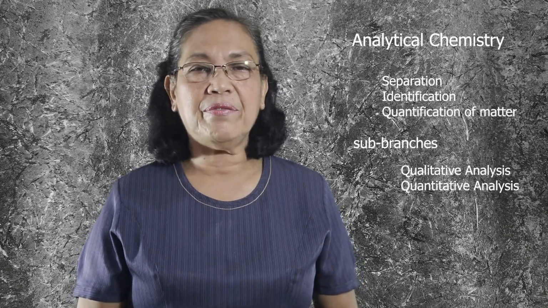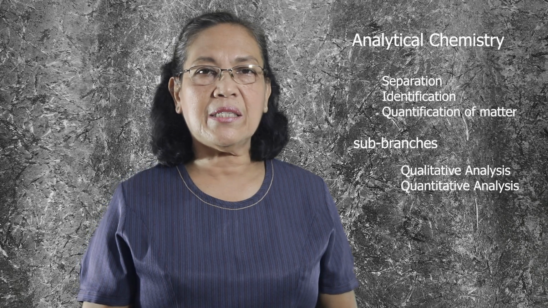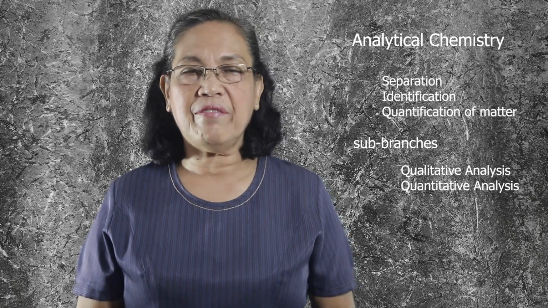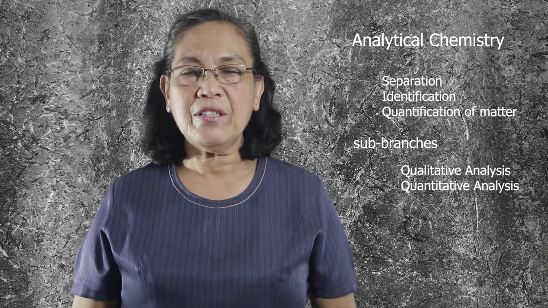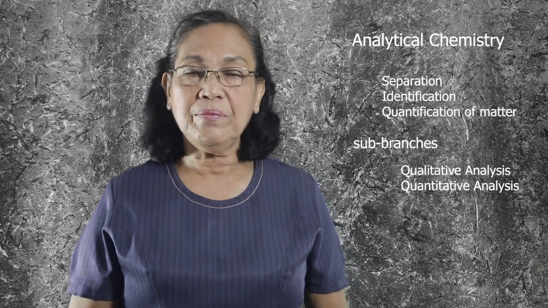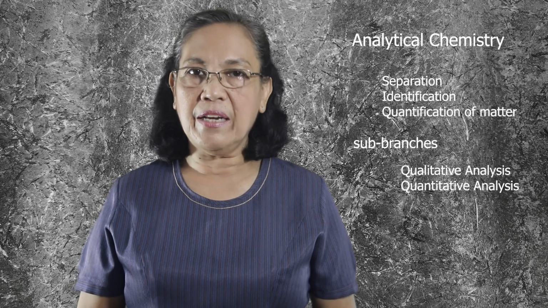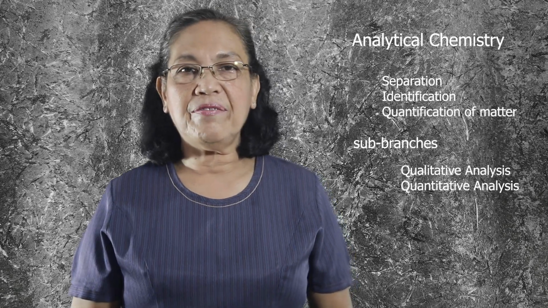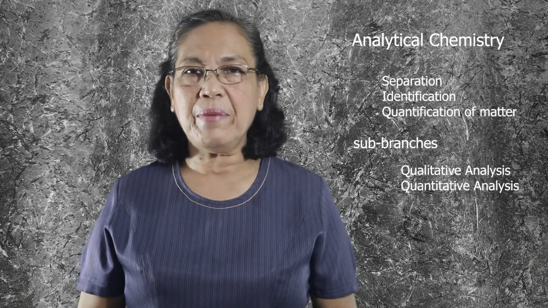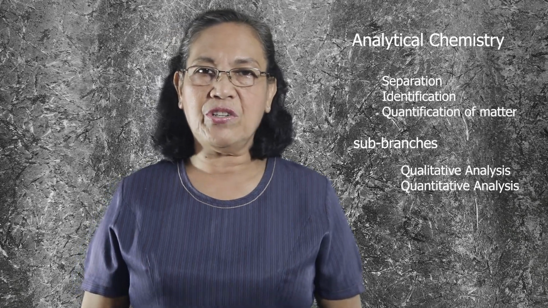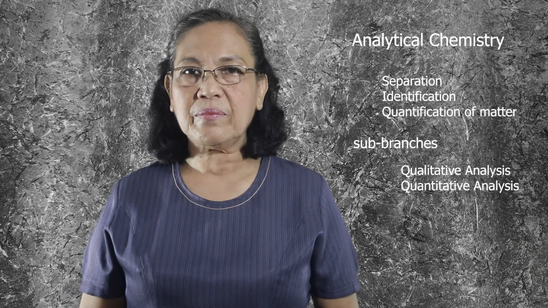For Family 2, we have the alkaline earth metals, and these elements have a charge of positive 2. Some examples are calcium, strontium, and barium. For Family 3, we have the boron family, and these elements have a charge of positive 3.